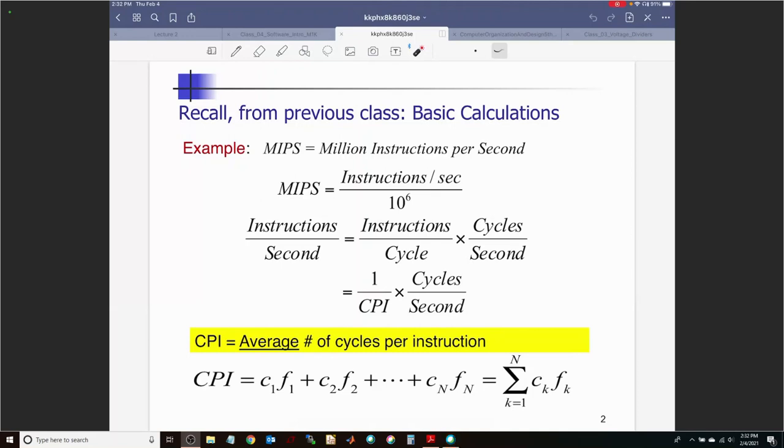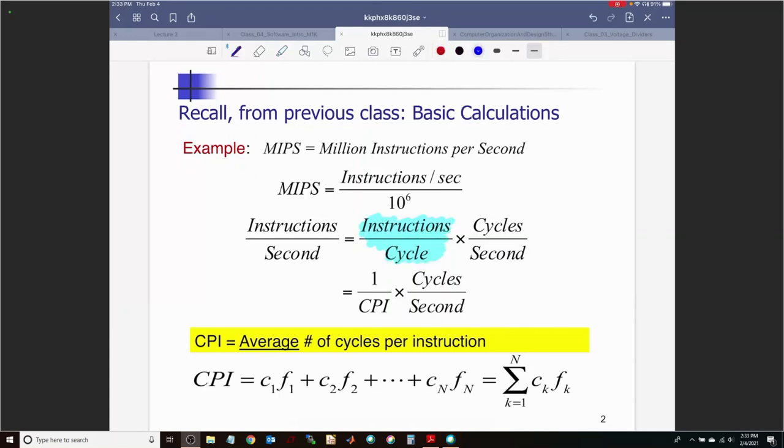But right now we are talking about the MIPS, that stands for million instructions per second. So the way you calculate MIPS is instructions per second divided by 1 million, 10 to the 6. And instructions per second can be written as the product of instructions per cycle, and we gave it a particular short form, IPC.